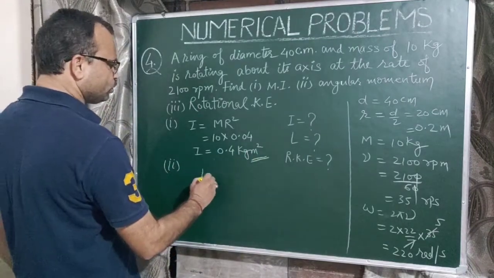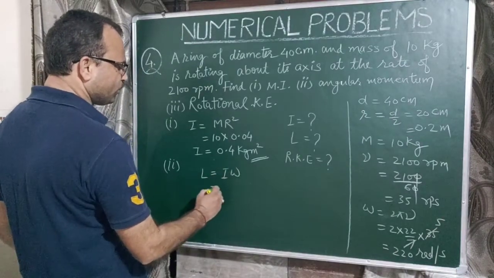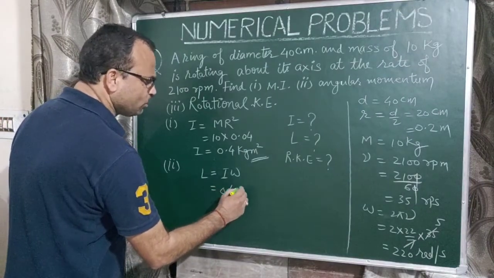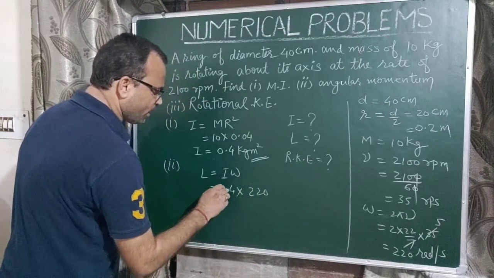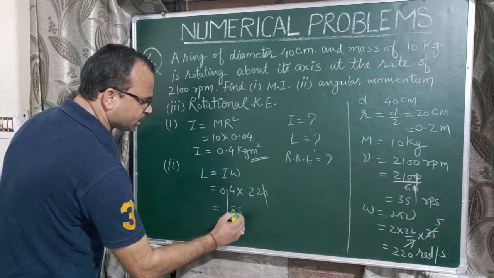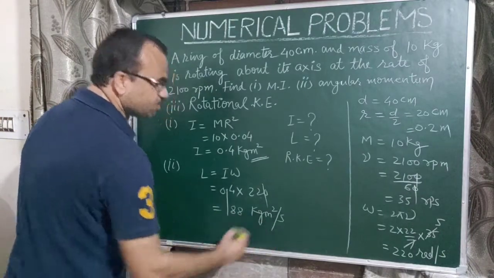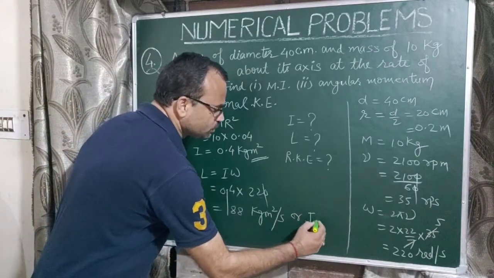So as we know, L equals I omega, and the value of I is 0.4 and the value of omega is 220, so the point and 0 cancel. So 22 fours are 88, the unit is kilogram meter square per second, or we can write this as joule second.